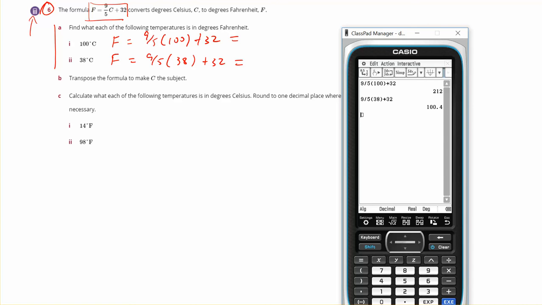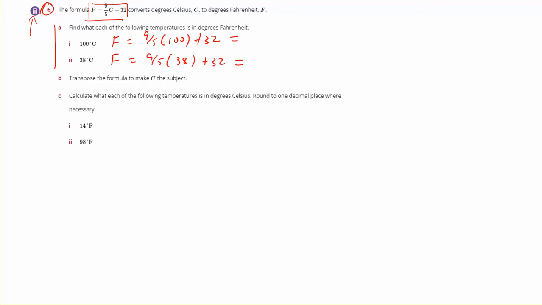And 9 divided by 5 times 38 plus 32, that's 100.4. So this is 212 degrees Fahrenheit and 100.4 degrees Fahrenheit.